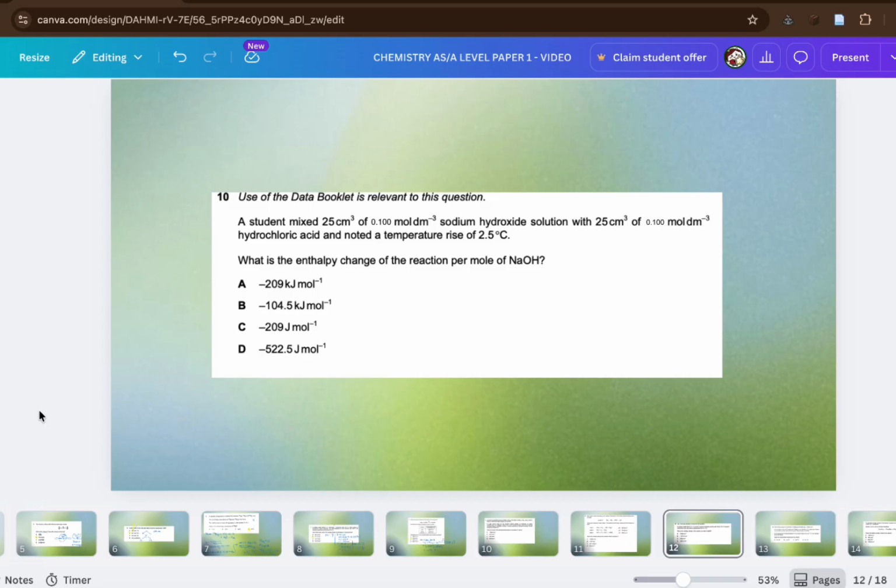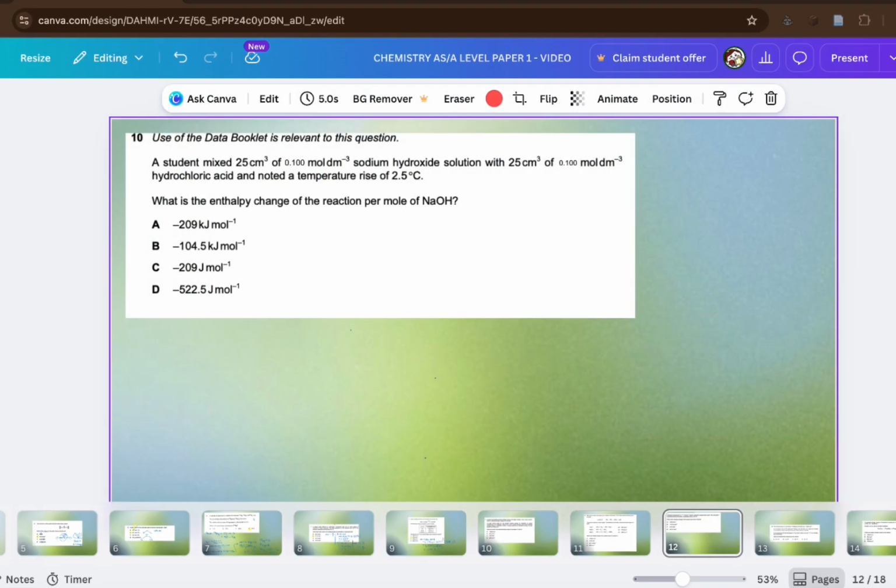What is the enthalpy change of the reaction per mole of sodium hydroxide? To find the answer, of course, once again, we have to use the enthalpy change formula. The equation is delta H, the enthalpy change, equals negative Q per n.